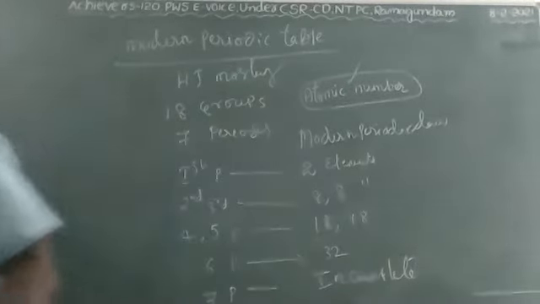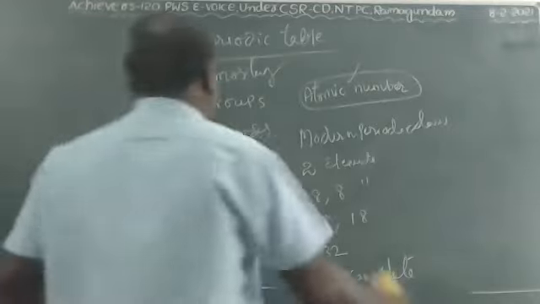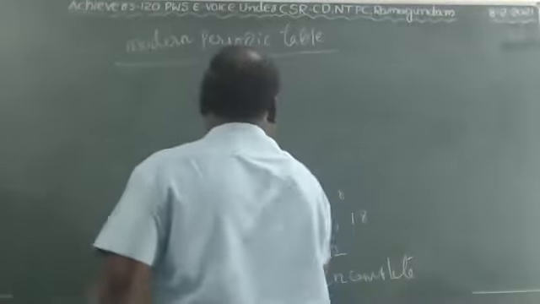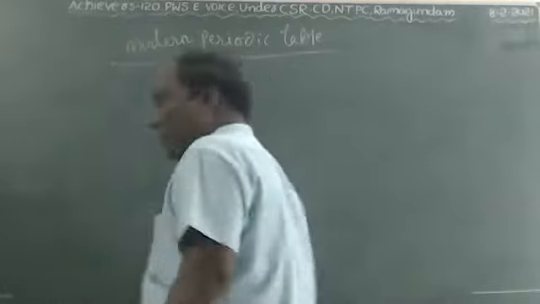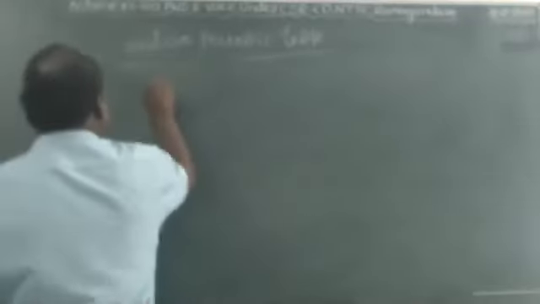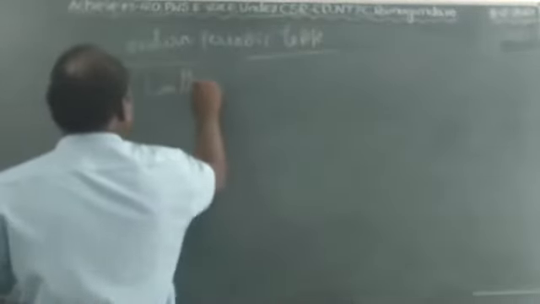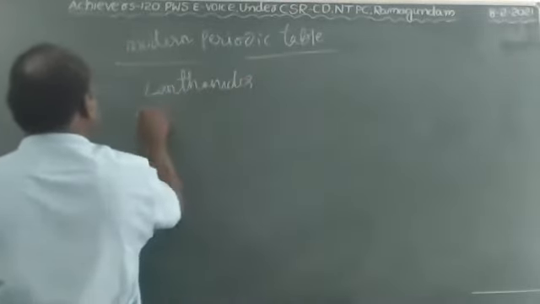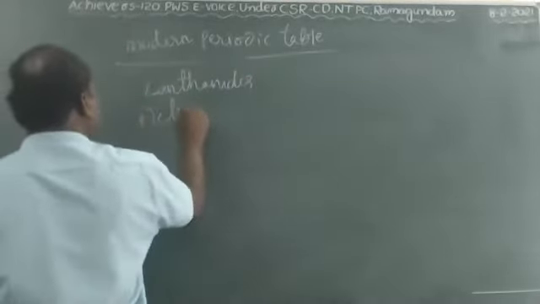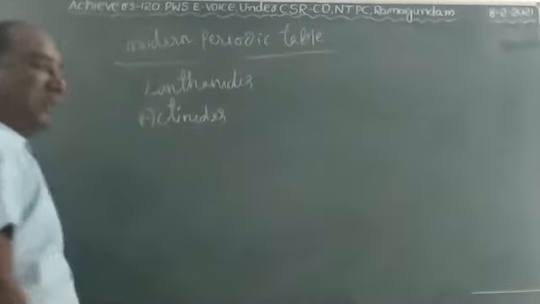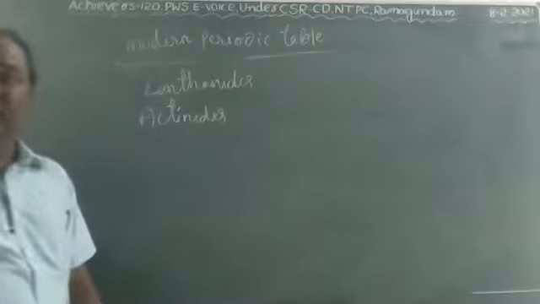At the bottom of the periodic table, two separate series will be there. They are called lanthanides and actinides, children. What is meant by lanthanides?